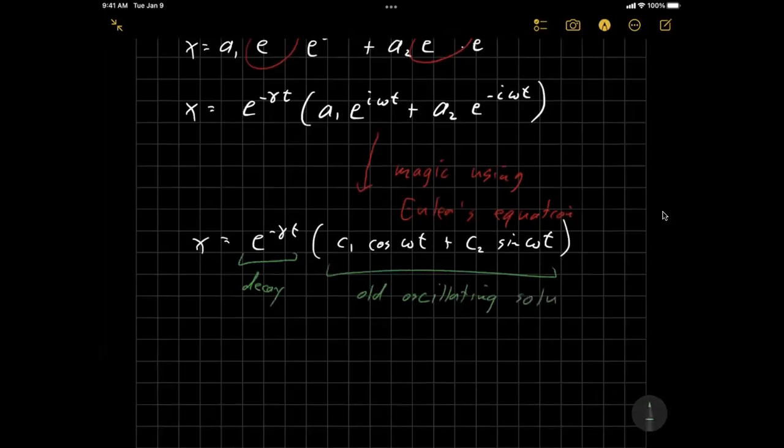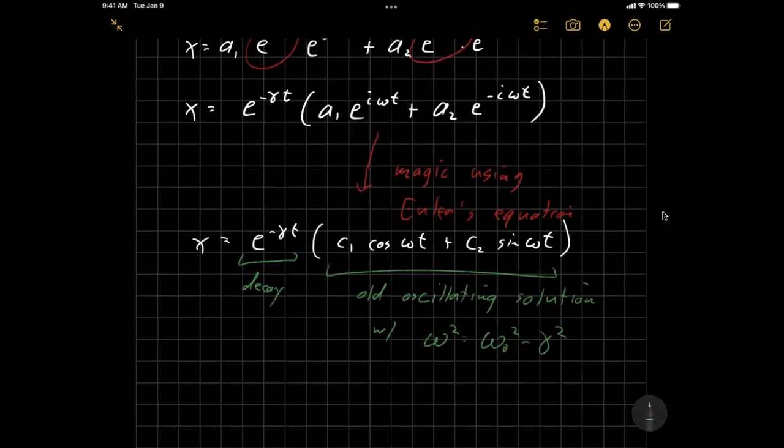So it's not just square root of k over m. I'll say with omega squared equaling the old omega squared minus gamma squared. Okay, so it's going to go a little bit more slowly than it did before in its oscillations, but it's going to oscillate, which is exactly what we saw in MATLAB.